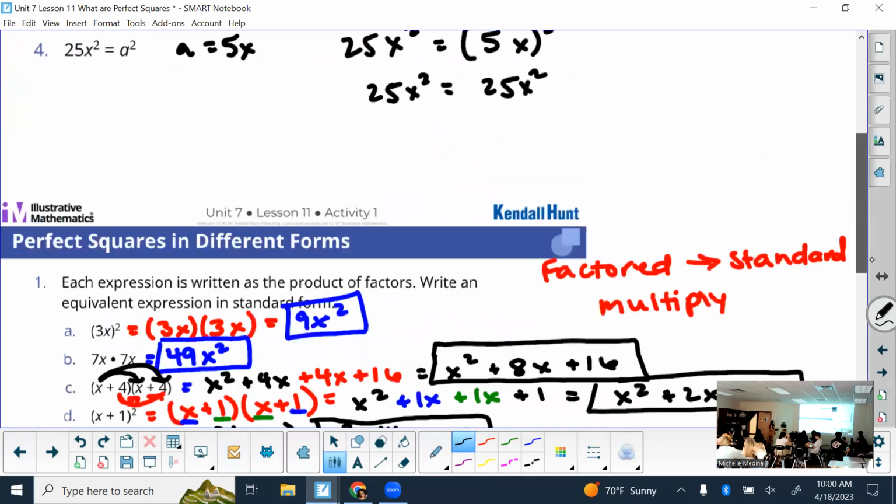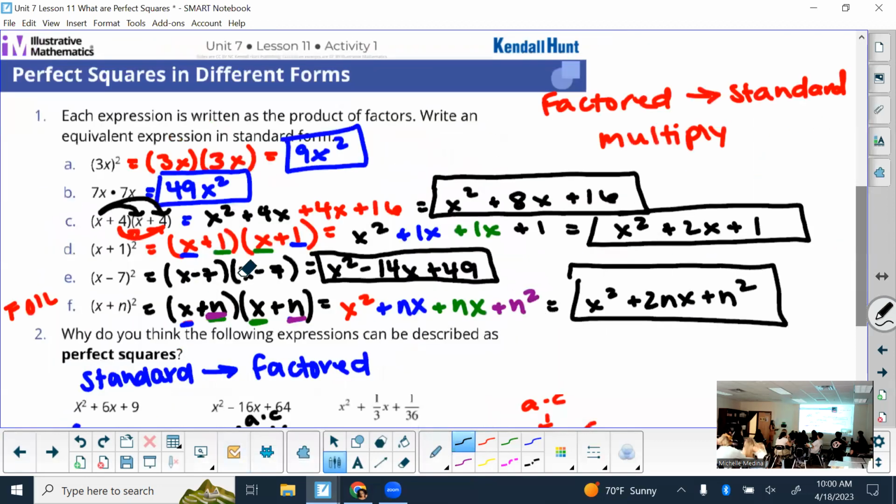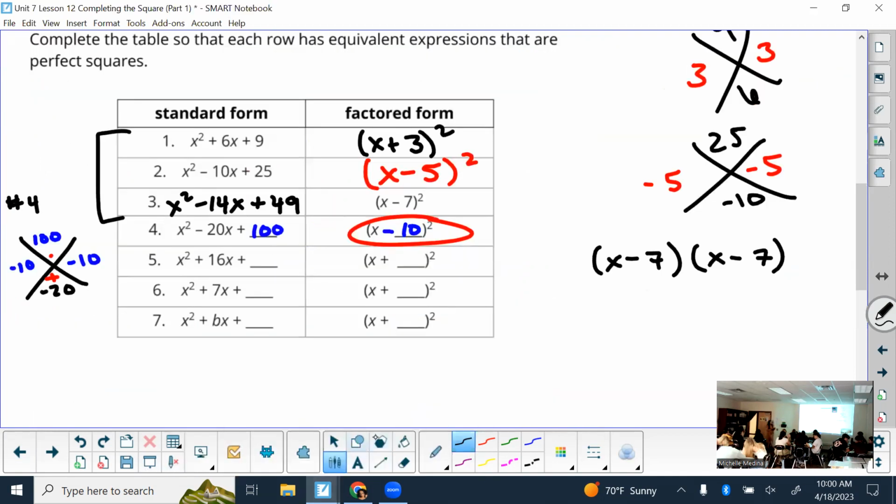But yeah, that really is what you should be doing, is expanding it, FOILing it out. And if you memorize this, it does follow that pattern. So lots of ways you could have gotten to the right answer. But yeah, that's how you do it. Questions on 1 through 3, those were review?